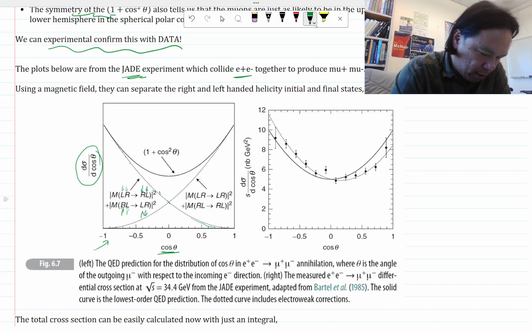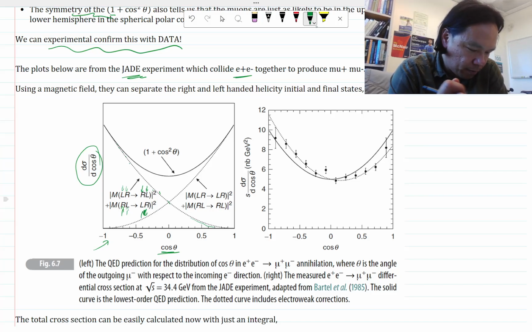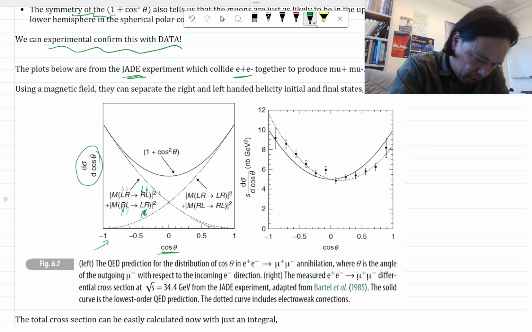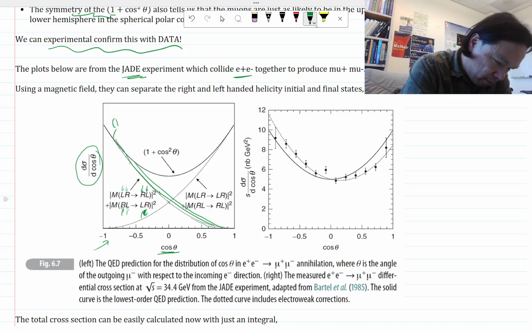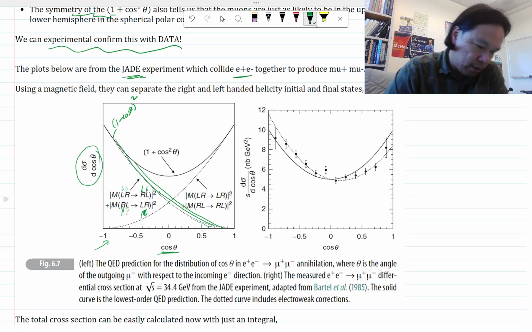I'm not going to repeat this again, so you can see the same thing here. That's what this distribution looks like. Remember, this was from the 1 plus cosine. Wait, this is where they swap. Yes, this is the contribution where it's 1 minus cosine theta squared, like this.